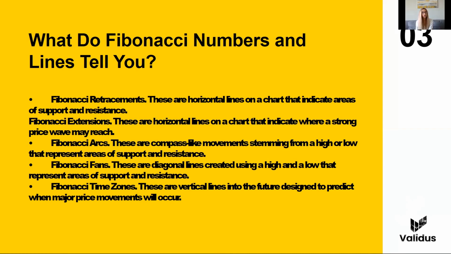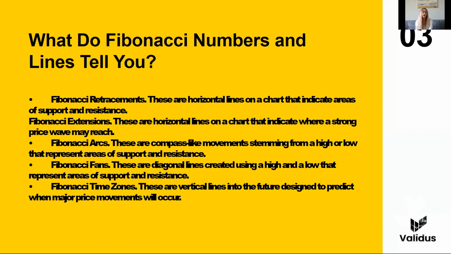Fibonacci arcs are compass-like movements stemming from a high to a low that represent areas of support and resistance. Fibonacci fans are diagonal lines created using a high and a low that represent areas of support and resistance. Fibonacci time zones are vertical lines into the future designed to predict when major price movements may occur.